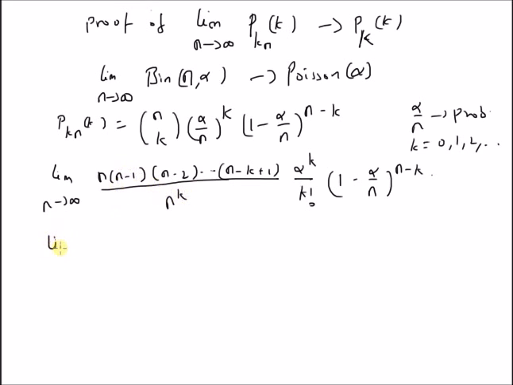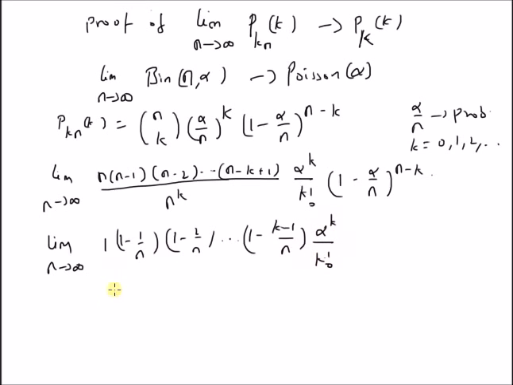By dividing each of the factors with one of the n's from n to the power k, we have limit n tends to infinity of 1 times 1 minus 1 by n into 1 minus 2 by n and so on up to 1 minus k minus 1 by n. And we also have alpha to the power k divided by k factorial, which is basically independent of this limit, and then we have 1 minus alpha by n to the power n divided by 1 minus alpha by n to the power k.